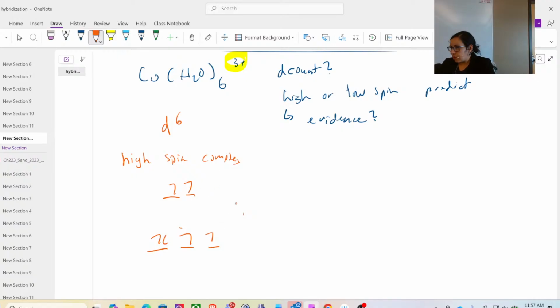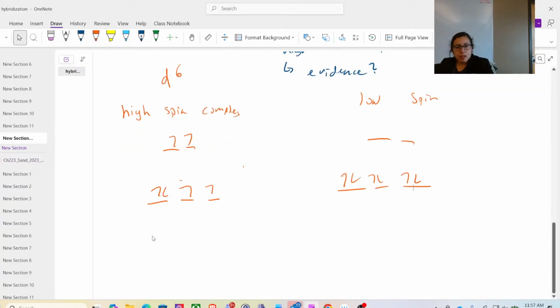And so let's compare. Now let's look at our low spin possibility. 1, 2, 3, 4, 5, 6. Now all paired. So what's the difference between these two? What are we going to be looking for?